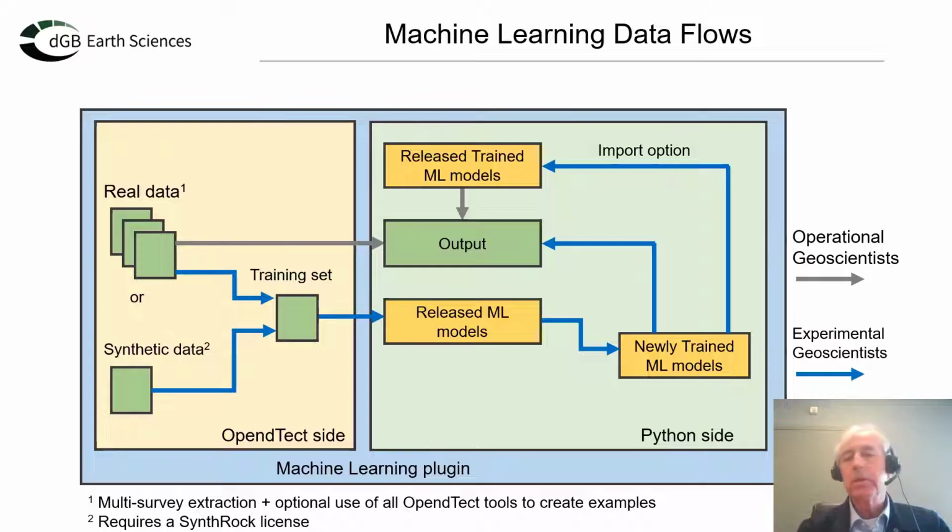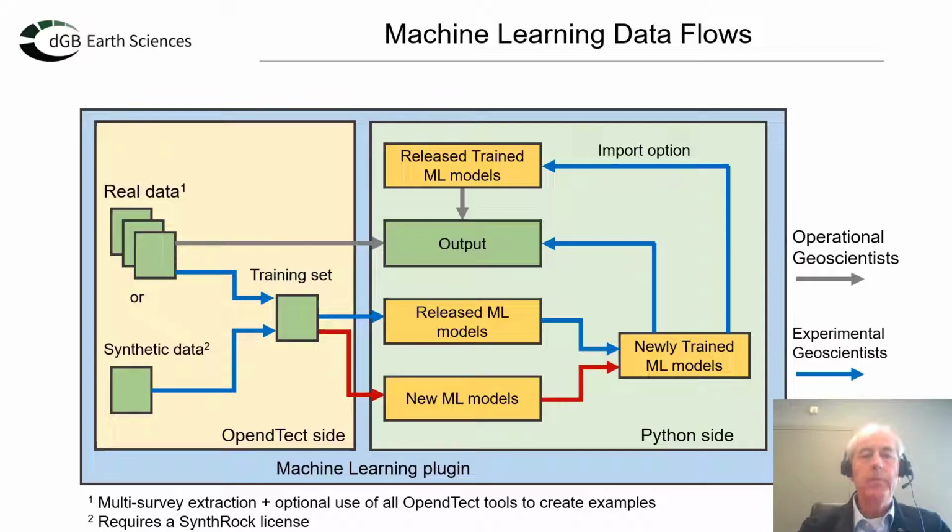These experimental geoscientists can use the OpenTect environment to create new workflows, new training sets, use the models that have been released on the Python side, and train these models. And then these trained models can also be reapplied by these operational geoscientists on other data sets.